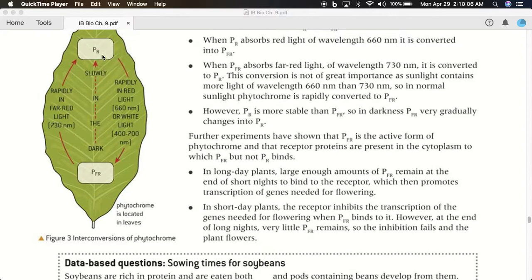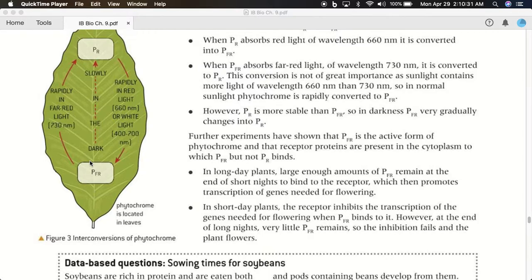So, like we said, when there's a lot of sunlight for long day plants, the PR gets converted into the PFR, and the PFR is going to cause transcription and translation of the genes needed for flowering. In short day plants, the PFR is going to convert into the PR, so we won't have a lot of PFR left over once this conversion occurs.